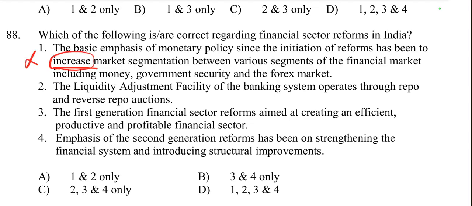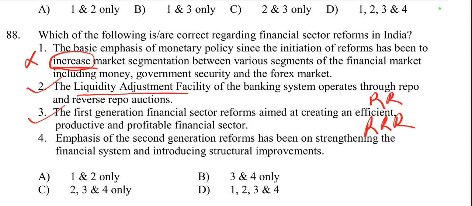So option 1 is incorrect. Then the liquidity adjustment facility, LAF, of the banking system operates through repo and reverse repo auction. Yes, this is correct. Then the first generation financial sector reform aimed at creating an efficient, productive and profitable financial sector.